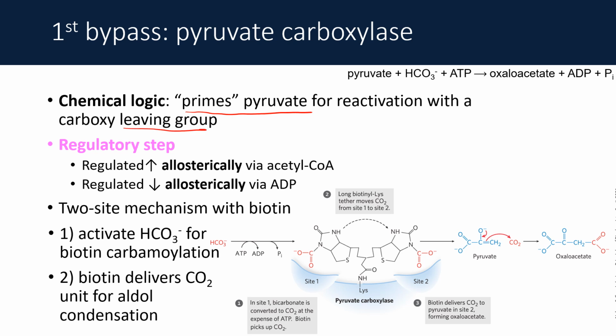And we can see that in the reaction equation over here. We have a 3-carbon pyruvate sugar acid plus a 1-carbon bicarbonate ion. This is what you get when you dissolve carbon dioxide in water. We need a little bit of ATP to coax these two molecules together to form the 4-carbon sugar acid oxaloacetate, and then ADP and Pi are, of course, the byproducts.